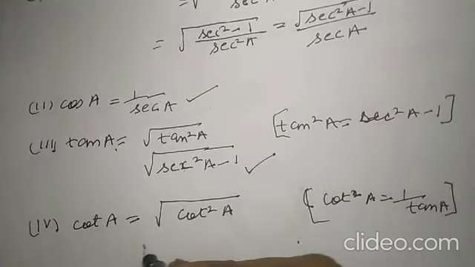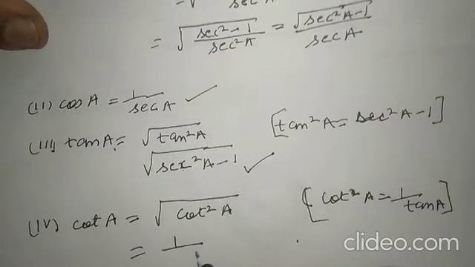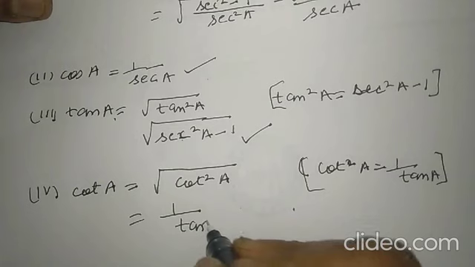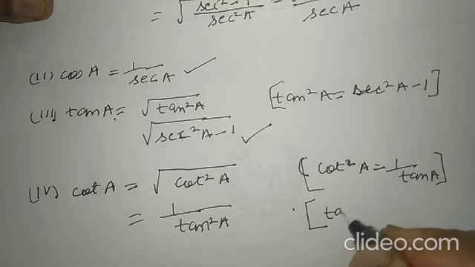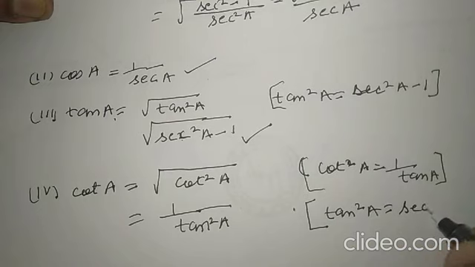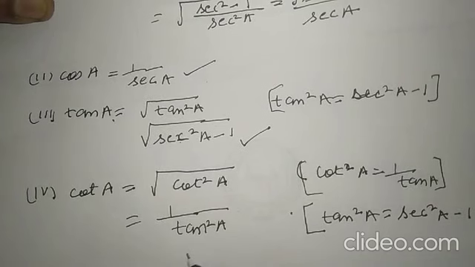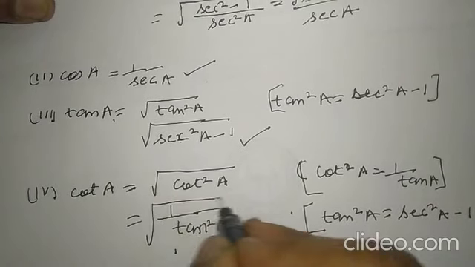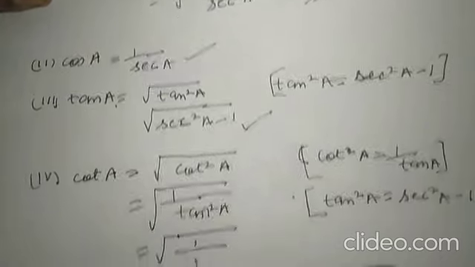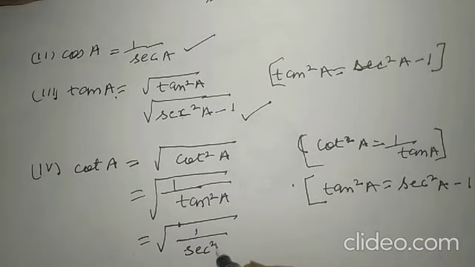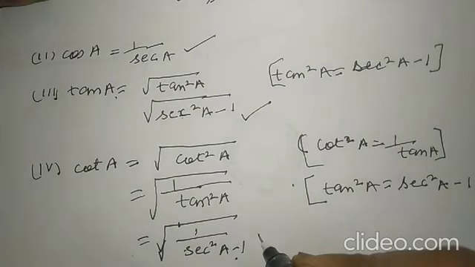So we can write it as root of 1 by tan square A, and we know our identity tan square A is equal to sec square A minus 1 here. So with the root, we will have 1 by root of sec square A minus 1 here. This is our cot A.